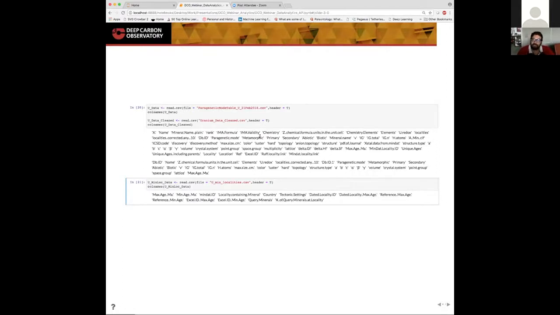Since the previous webinar focused on the data processing and cleaning aspect, I have directly loaded a cleaned version of the data set here. The second table contains a uranium locality data set. Here we basically have the age information, the locality name, and all the minerals contained at a particular locality.